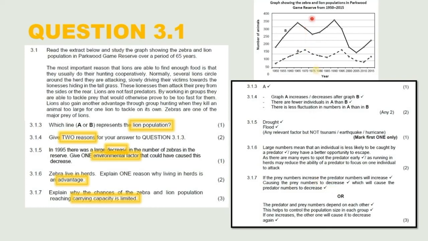So these 2 numbers influence one another quite a lot. The predator and the prey numbers depend on each other. This helps to control the population size. If the one increases, the other causes it to decrease again.